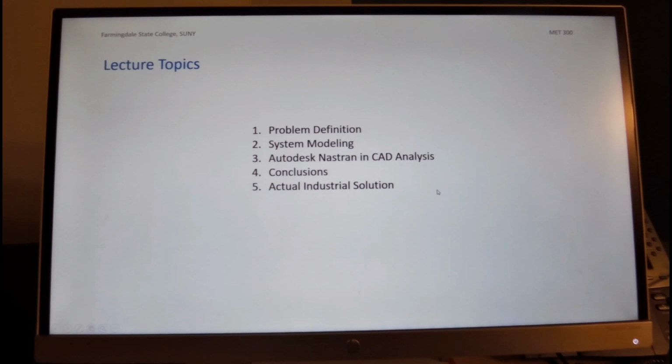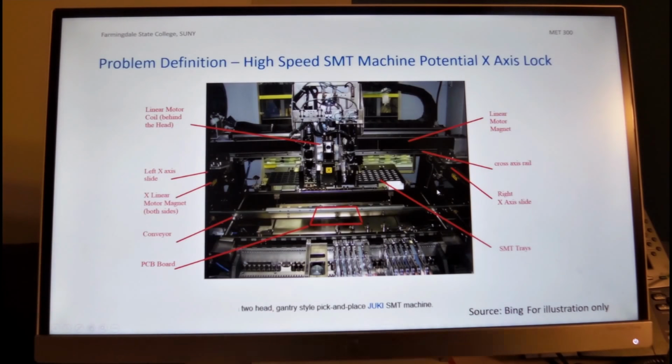We are dealing here with a high-speed surface mount technology machine with a potential for an x-axis lock. This is the x on the right-hand side. This is the x-axis on the left-hand side. This is the y.